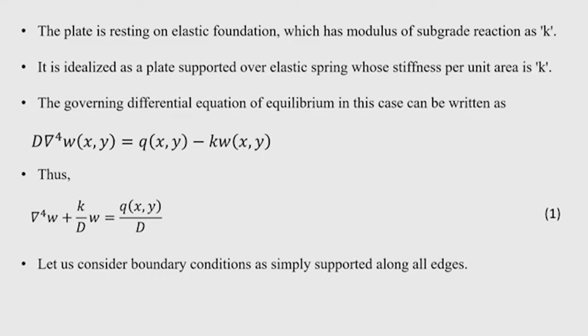Now, let us consider the boundary condition as simply supported. Why am I discussing the simply supported boundary condition? Because we have already formulated this problem and we will apply this to a rectangular plate resting on an elastic foundation. But it is also true that except the simply supported boundary condition, other boundary conditions are also available in practice.